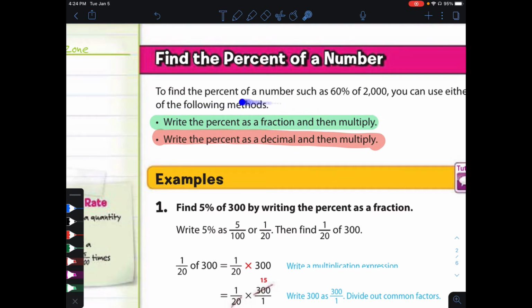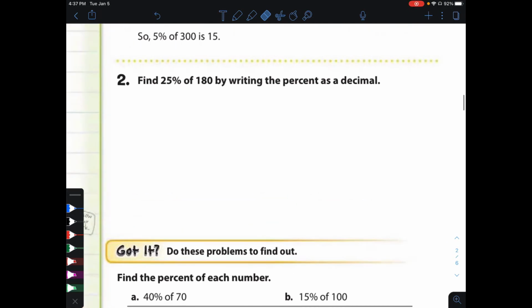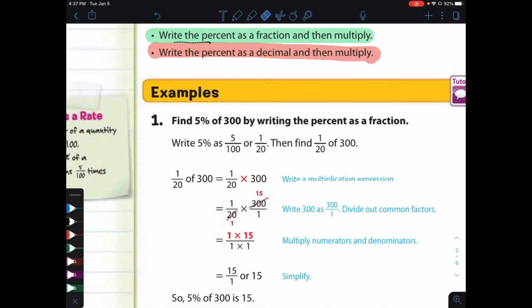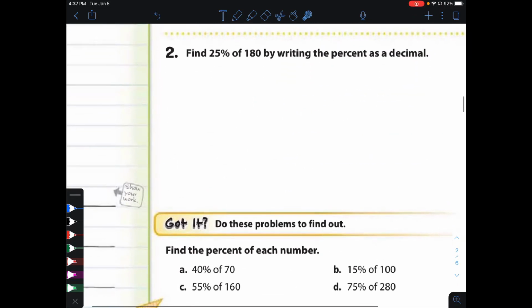Sorry, I switched it around. In example number 1, we actually used write the percent as a fraction, and then multiply. In example number 2, we are going to write the percent as a decimal, and then multiply. So that's exactly what we're going to be doing here.